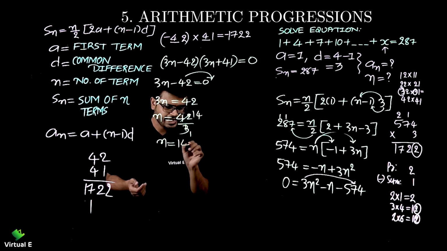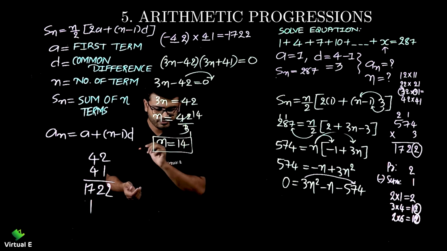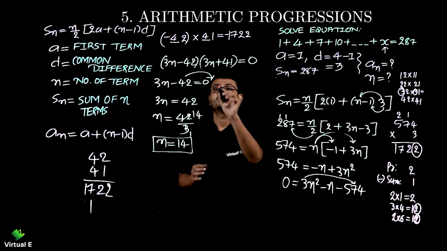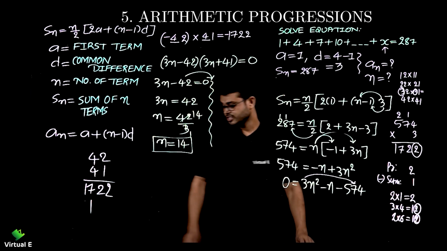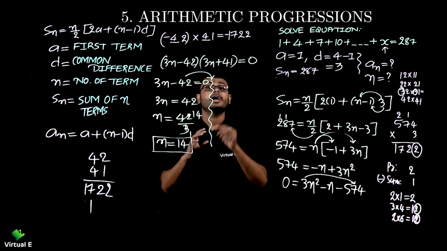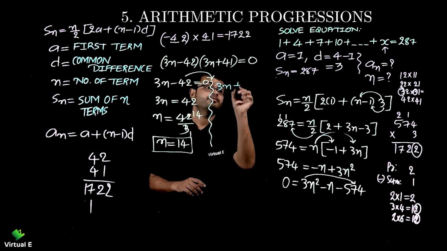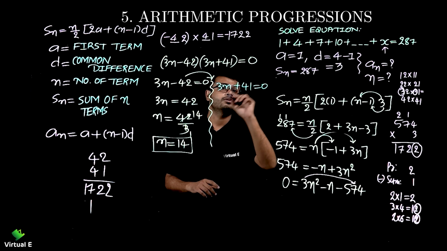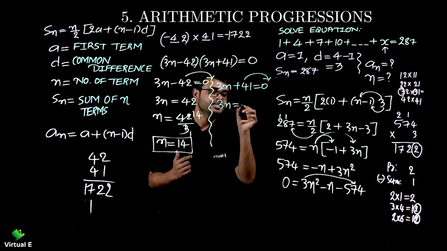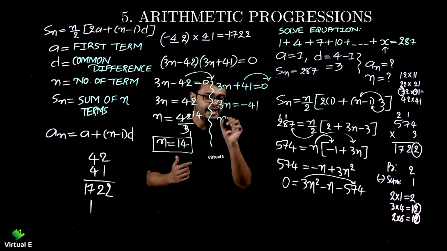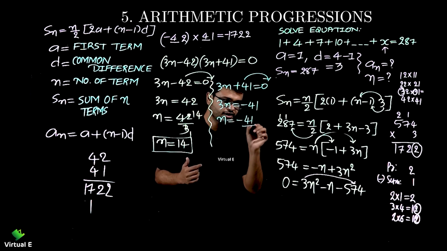So the value of n is 14. Now let's get the other value of n. So here 3n plus 41 is equal to 0. Let's shift. It is negative. 3n is equal to minus 41. n is equal to minus 41 over 3.